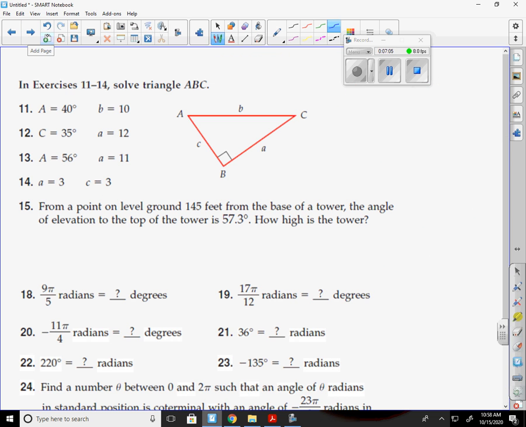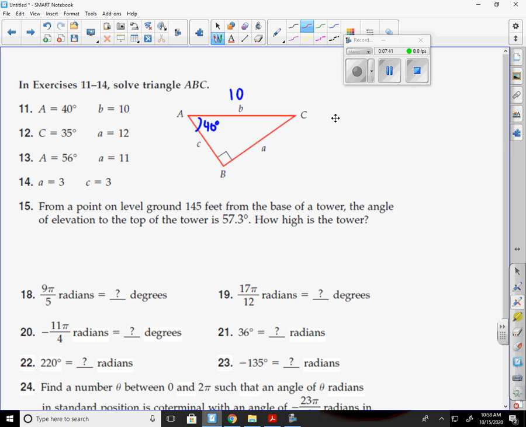All right, done with the first couple sections there. Solve triangle ABC. First one tells us A is 40 degrees and B is 10. So if I need to solve it, oof, that's a lot of work here. My hypotenuse is B. So I can use the sine to find my opposite side and my cosine to find this side.